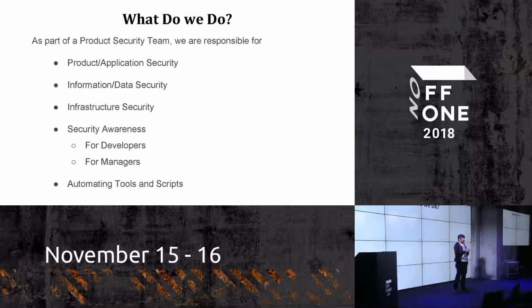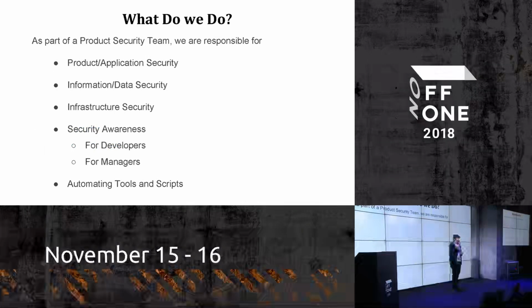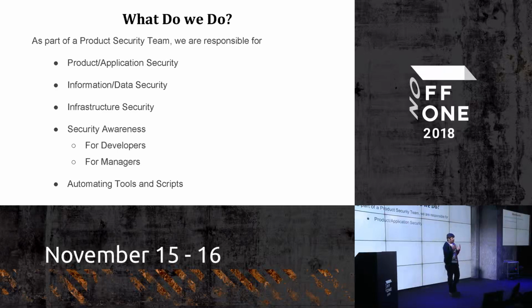So, what do we do? Most of you might be working in a product-based environment, and as part of the product security team, we take care of product and application security, and also information and data security.